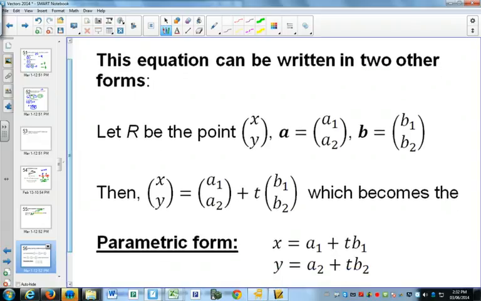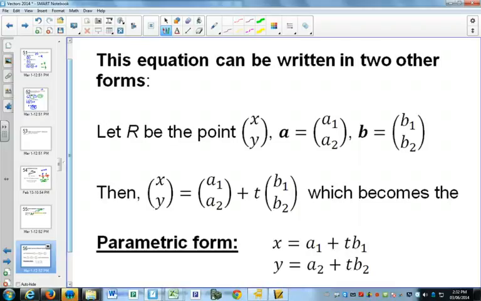Then once we have our vector equation of the line, the vector r is some point. It's got an x-coordinate and a y-coordinate if we're thinking in 2 dimensions. It'd have an x, a y, and a z if we were thinking in 3 dimensions. And the point A has an x-coordinate and a y-coordinate.